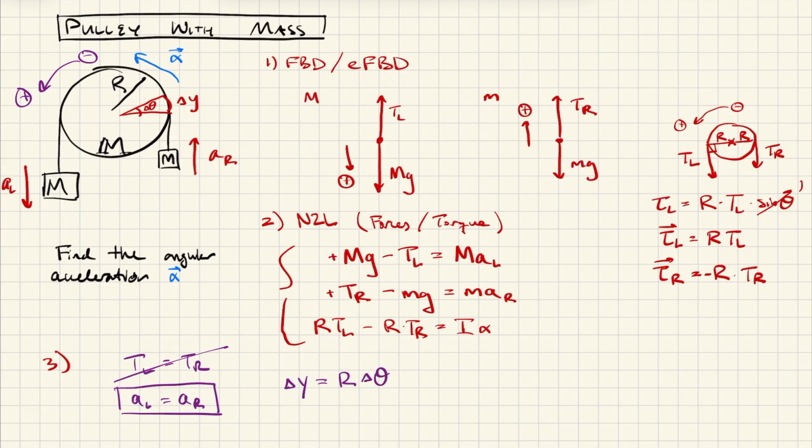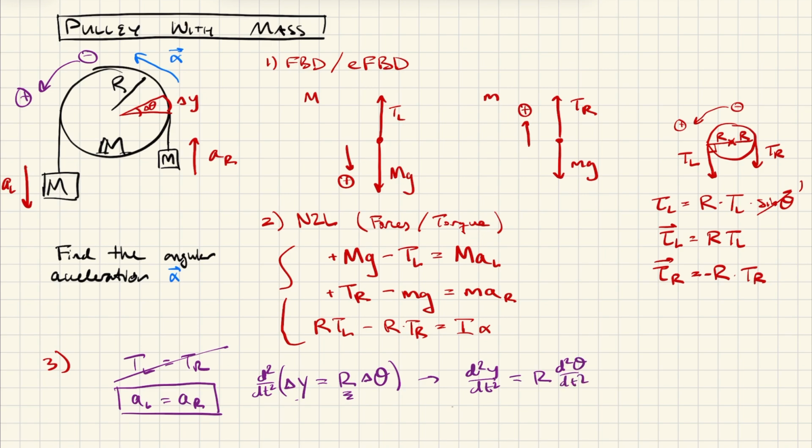And so what's useful is I can take two time derivatives on either side. So I'm going to do d squared dt squared of this whole thing, okay? And because this radius is just a constant, really I'm just applying my derivatives to delta y and delta theta. The result of this is that d squared y over dt squared, or in other words, the acceleration AR, is equal to r times d squared theta dt squared.